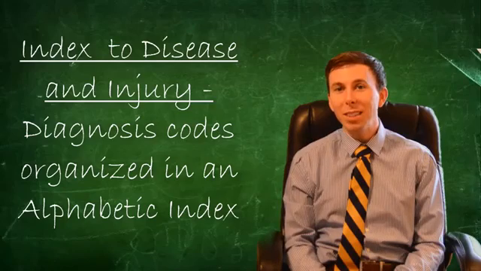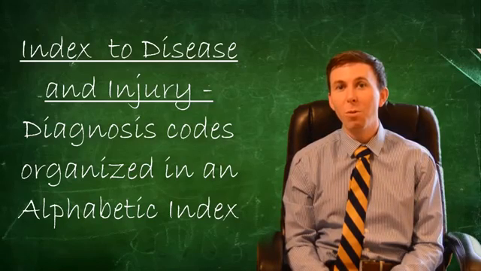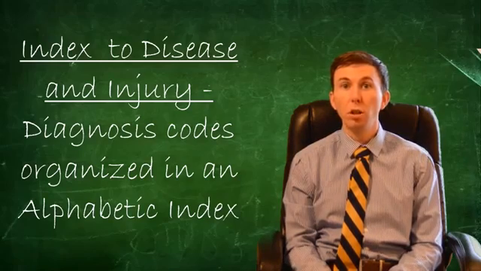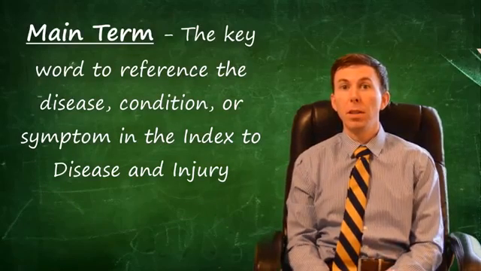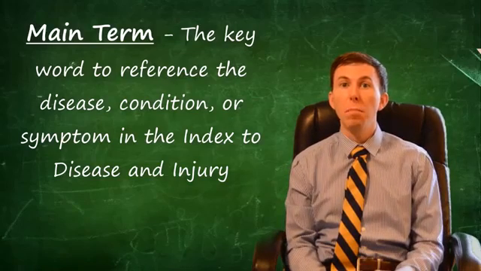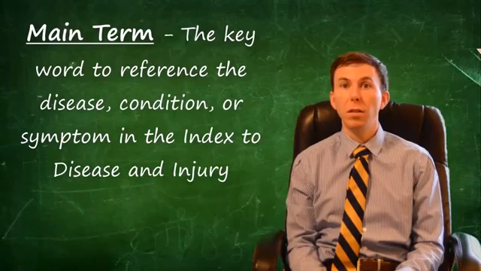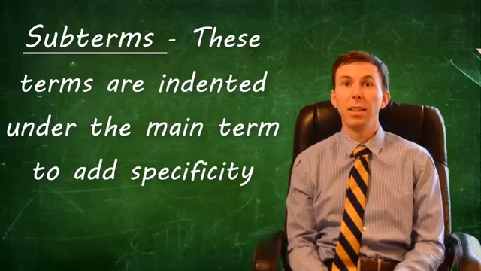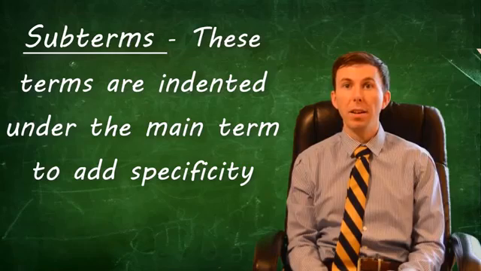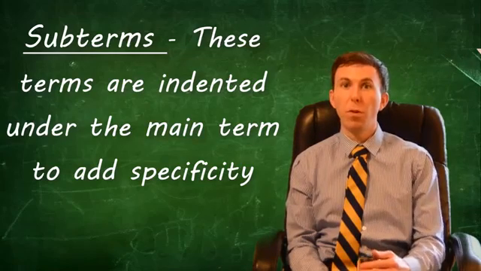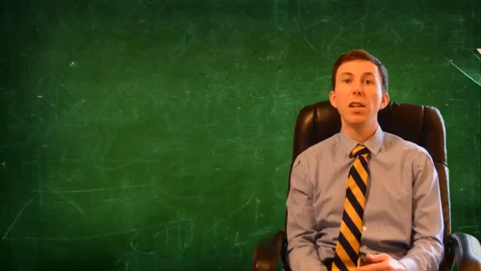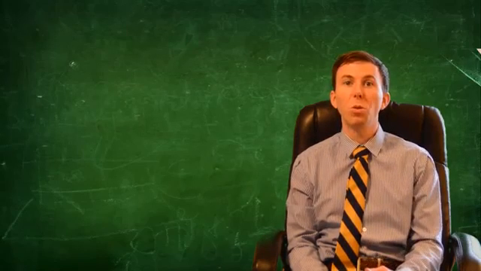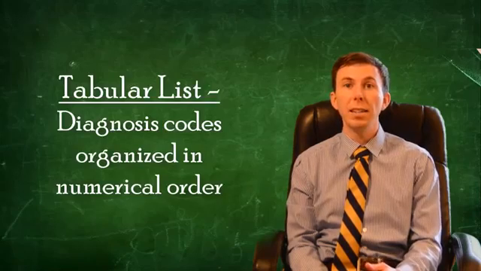So now we know the basics of looking up a code. We're going to start in the index to diseases and injuries, use our main term to look up the specific word for the condition or the disease. Once we find that, we check for parentheses, any notes under there, any see alsos, or any guidance that it's giving us.